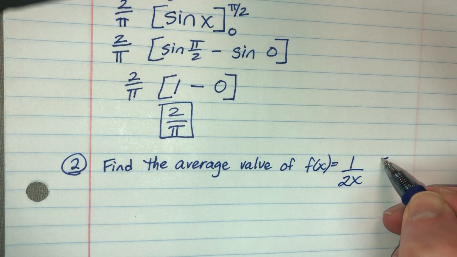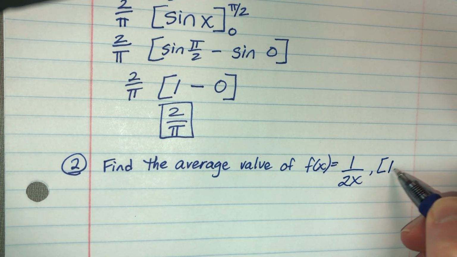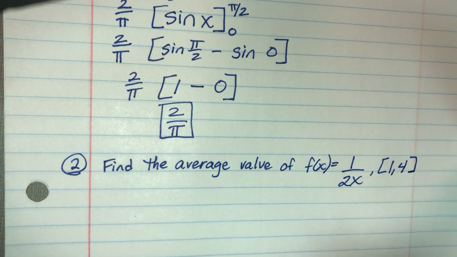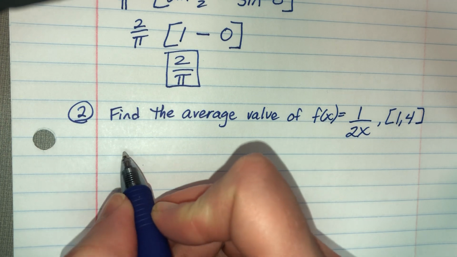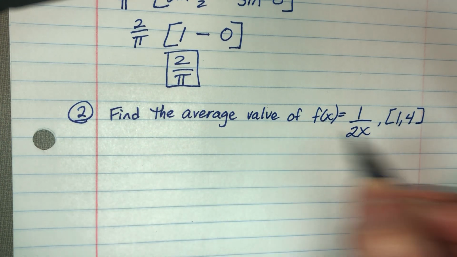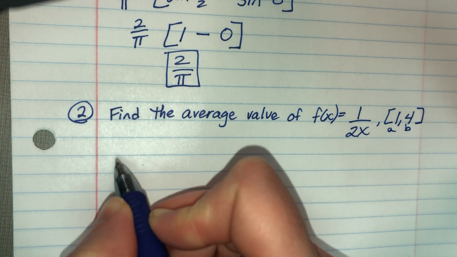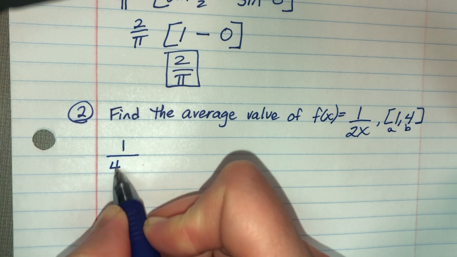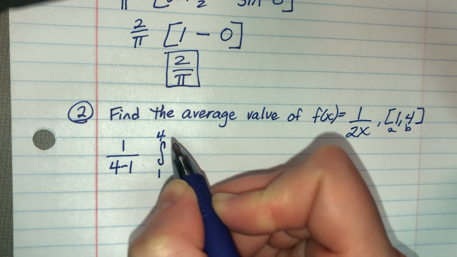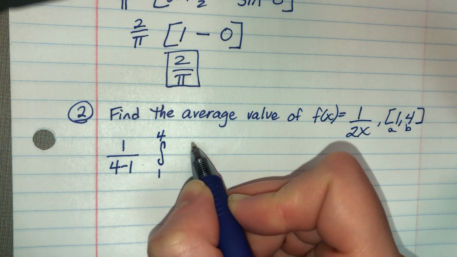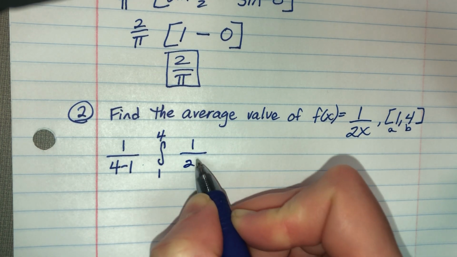And we're going to have the interval from 1 to 4. So we're going to use that average value formula. This is my a, this is my b. 1 over b minus a times the integral from a to b of f of x dx.